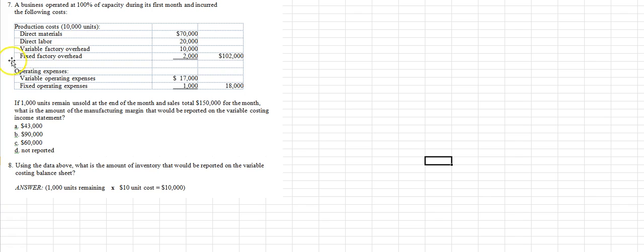Fixed factory overhead goes down as part of the selling and administrative expense in total, okay? And look at the review sheet, because I show a comparison of what to include under product cost, under variable and absorption costing.